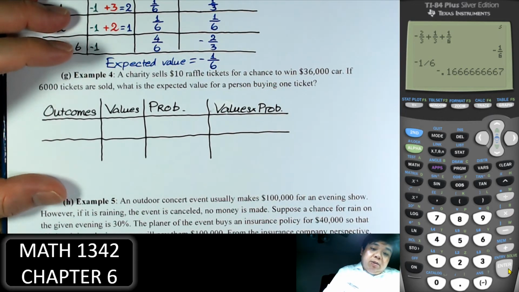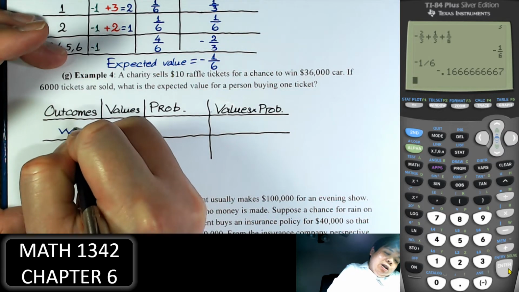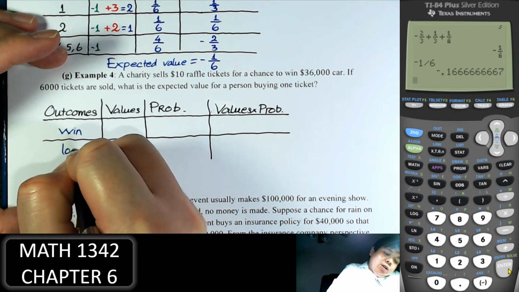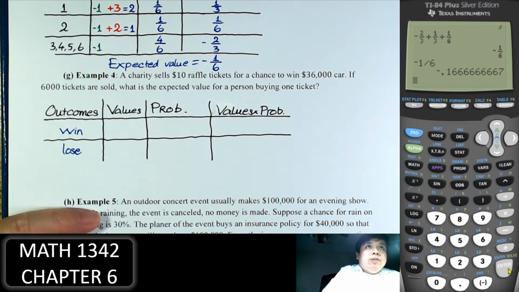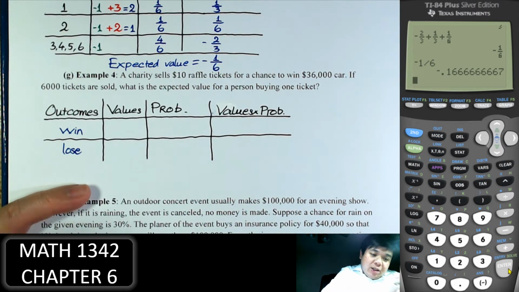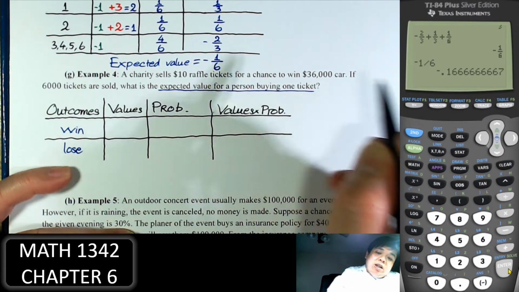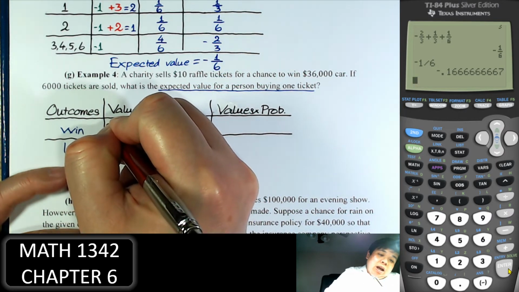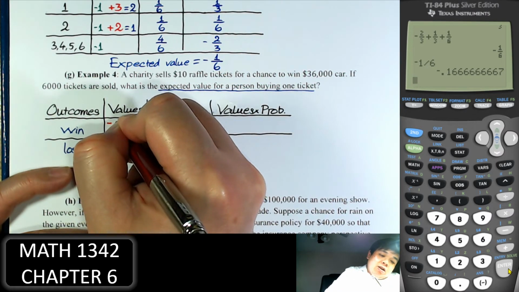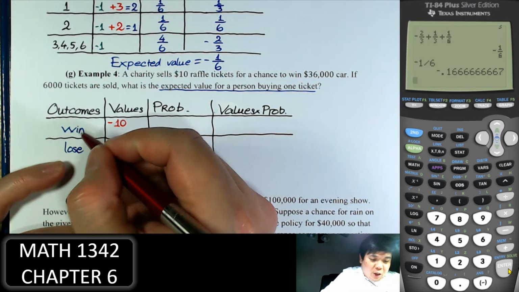Outcome is either winning or losing, simple as that. So win and lose. Values: now this is the expected value for a person buying one ticket. So when you buy the ticket, you have to pay $10, regardless of winning or losing.